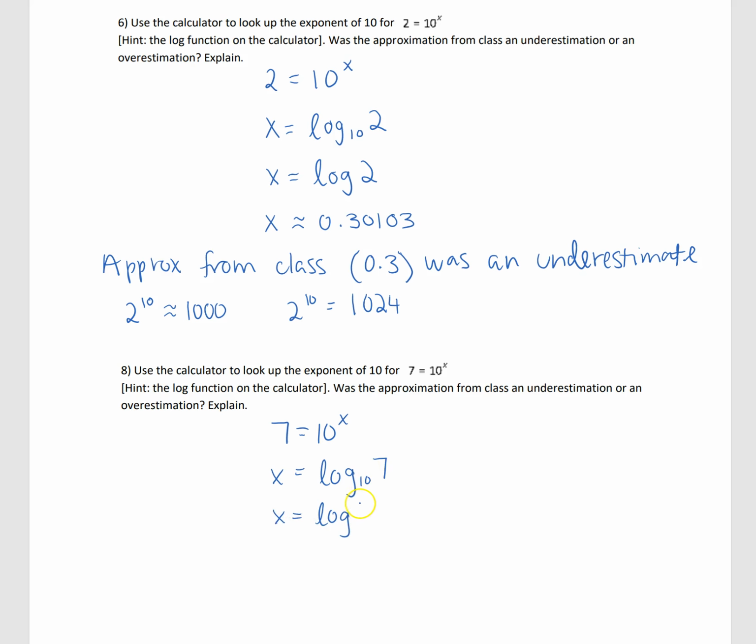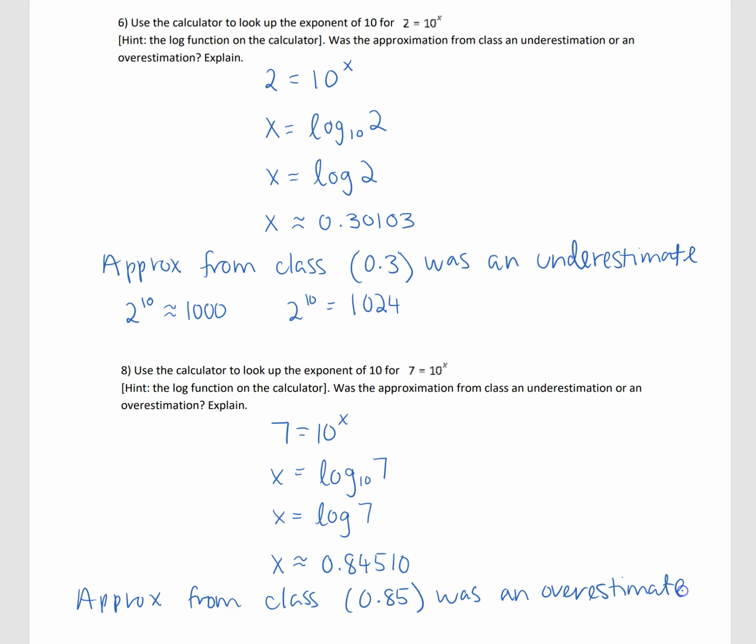So you plug in log of 7 into your calculator and you get x is about equal to 0.84510. And our approximation from class was 0.85 if you look up on that table. So that was an overestimate.